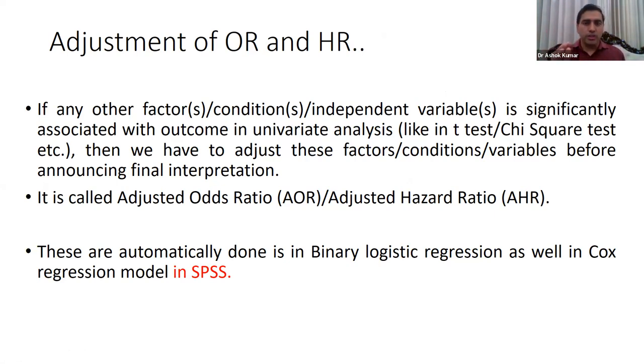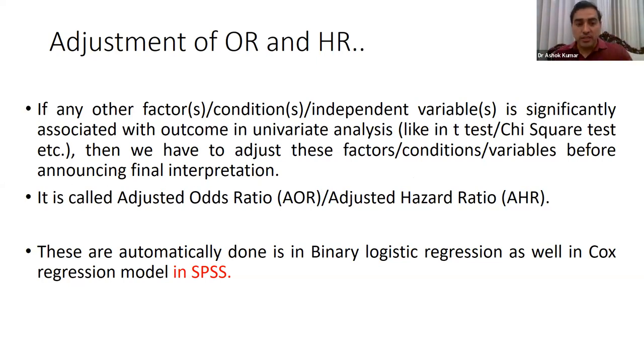Hazards ratio and odds ratio are multivariate analyses. So before going to this, we have to apply univariate analysis, that is a t-test and chi-square test. Always we have to apply univariate analysis for our outcome. Then we have to adjust these factors, conditions, variables before announcing the final interpretation.